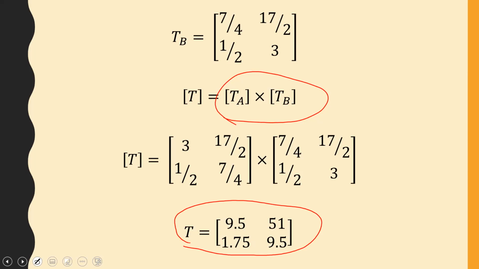I want you to use the T and find the Y by using the conversion matrix, and also find the Z parameters using the same matrix.